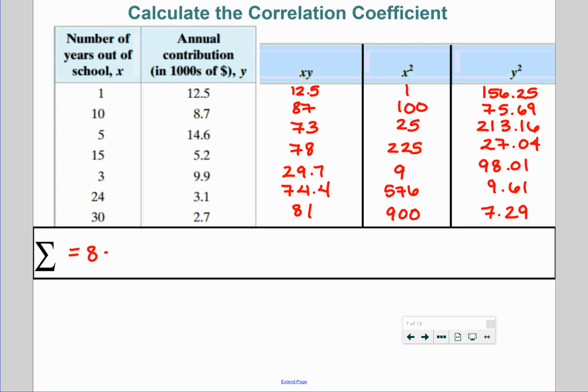All right, 88 for that sum. 56.7 for that one. 435.6. 18.36.